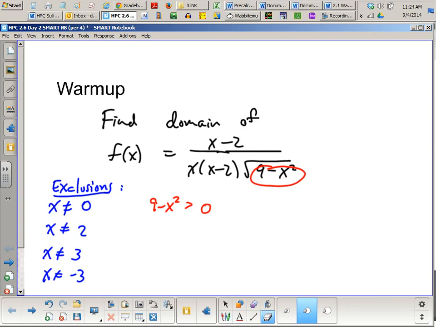So how do you solve this? X is less than 3, and x is greater than negative 3. Yes, that's right. So one way to do this is to factor it like this: 3 plus x, 3 minus x. And just ask yourself, what are the roots? So that'd be negative 3 and positive 3.